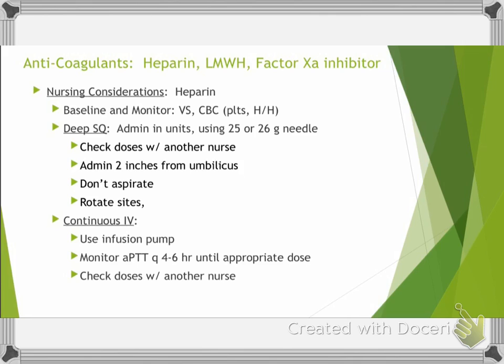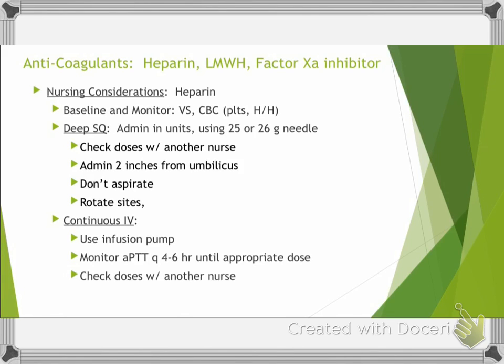All right, nursing considerations with heparin: baseline, and monitor your vital signs and your CBC, because that's going to tell you your platelets, your hemoglobin, hematocrit. With deep sub-Q, administer in units. You're using a 23-26 gauge needle. Make sure you read the label carefully. There are multiple concentrations of heparin available.